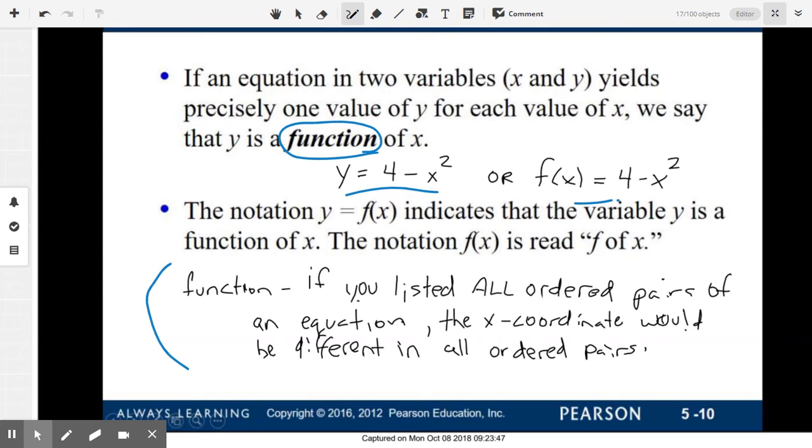So if you're listing ordered pairs: (1, 7), (2, 6), (3, 6). I've listed 3 ordered pairs there. Notice the X coordinate is different in all of them. That's what is making it a function. If ever the X coordinate is repeated, then it is not a function. Doesn't matter about the Y.